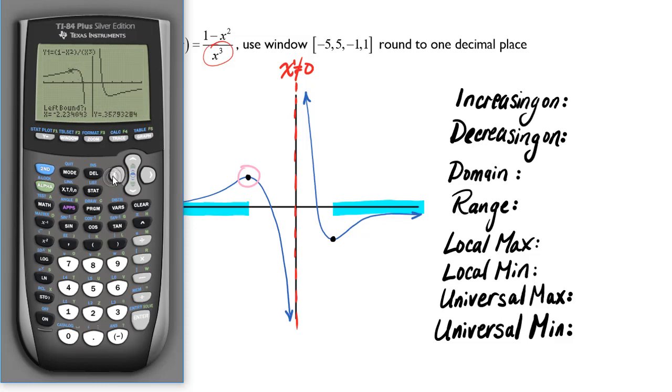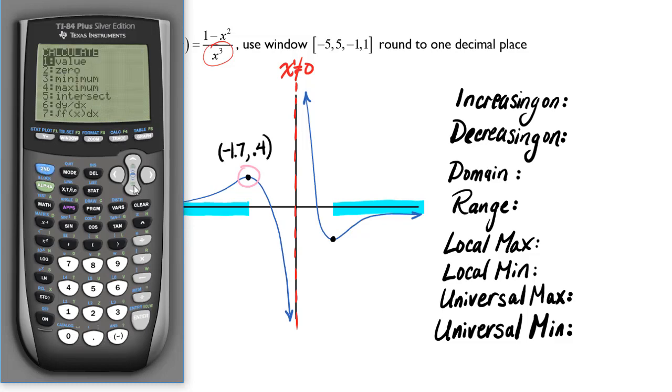We want to go to the left of the high point, then go to the right of the high point, and then guess the high point. Enter the third time, should give us a maximum. Now we need to round to 1 decimal place in this case, so our maximum is going to be at negative 1.7 and 0.3, 0.4, because the 8 makes the 3 round up.